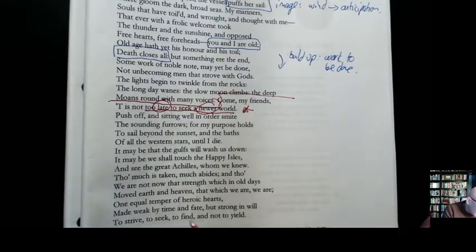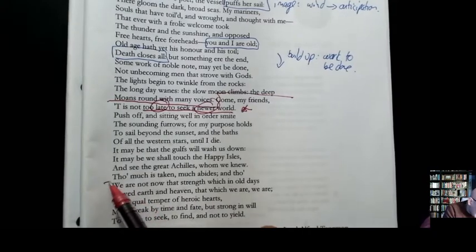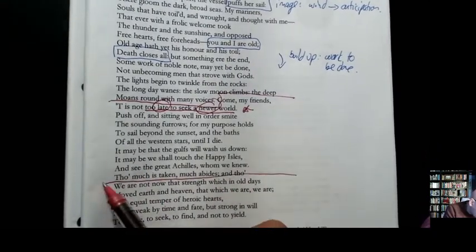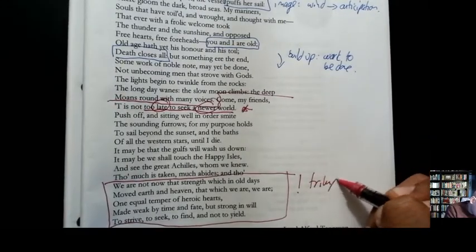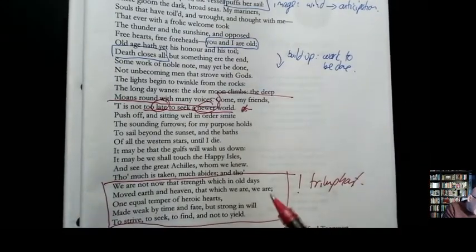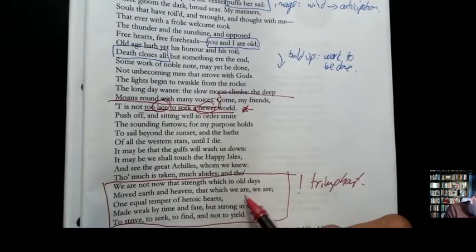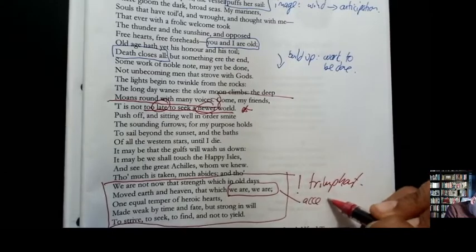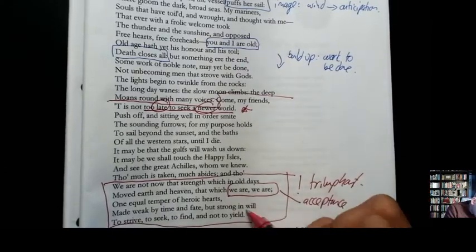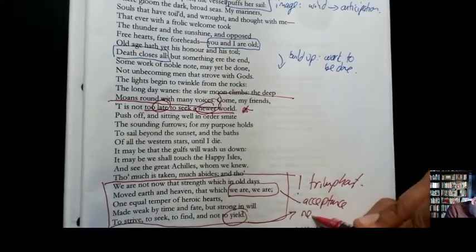Oh my goodness. I couldn't even annotate because these final lines are triumphant. I'm old, but it doesn't matter. That which we are. Acceptance. Acceptance, yes, but never give up.